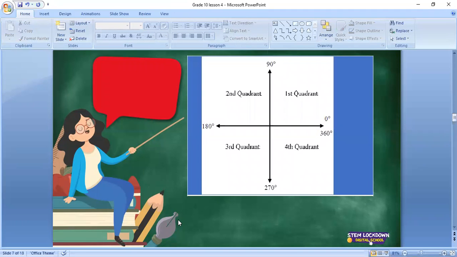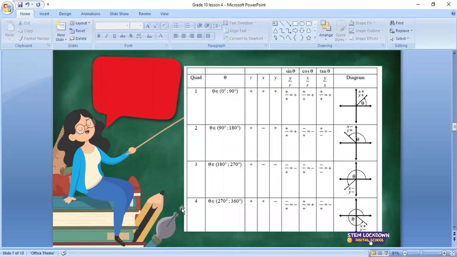So let's see them better. In quadrant one, the angle is between 0 and 90 degrees, and then our R, the terminal radius, is positive, X is positive, Y is positive, and so sine is positive, cosine is positive, tan is positive.